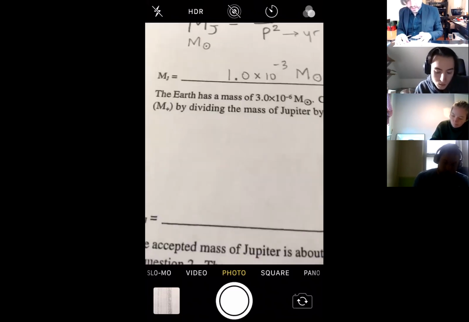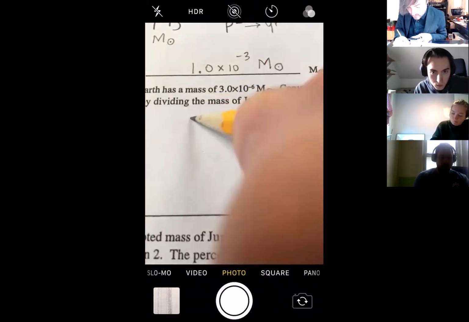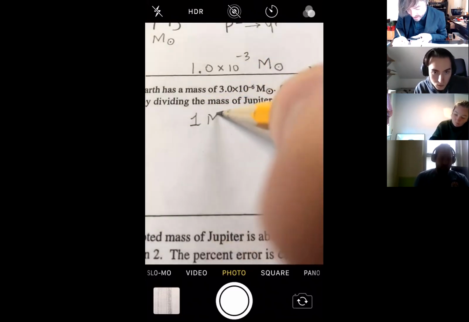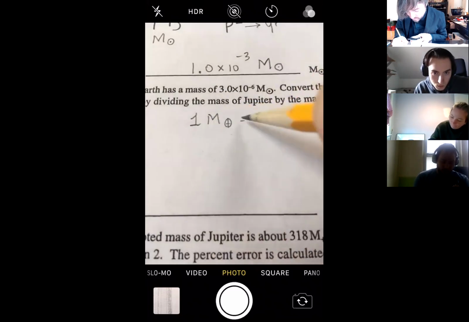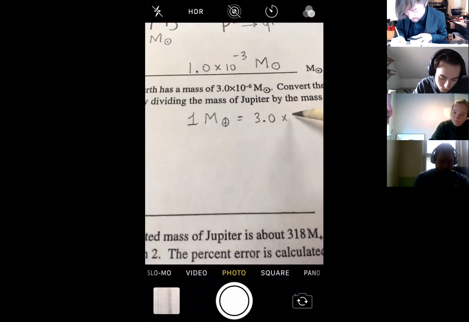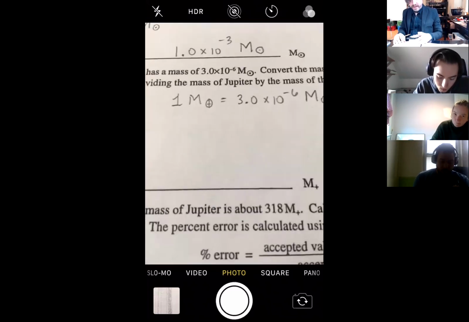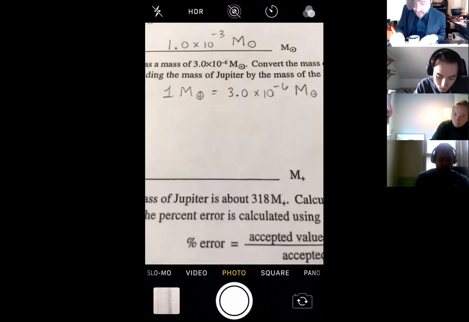Now we're going to convert it to Earth masses by using a conversion factor that says 1 Earth mass is equal to 3.0 times 10 to the minus 6 solar mass units. And we're going to do this with dimensional analysis.